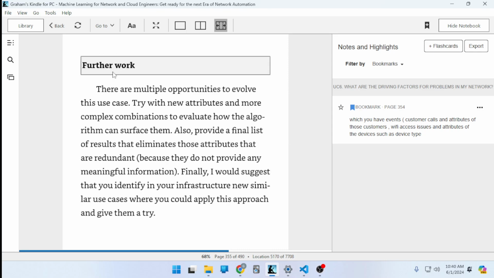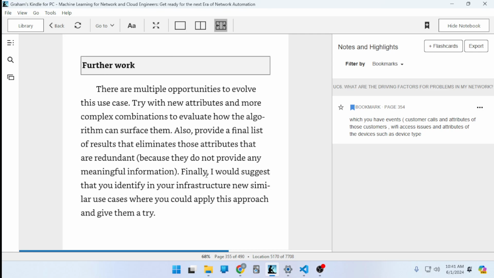Further work. There are multiple opportunities to evolve this use case. Try with new attributes and more complex combinations to evaluate how the algorithm can surface them. Also, provide a final list of results that eliminates those attributes that are redundant because they do not provide any meaningful information.